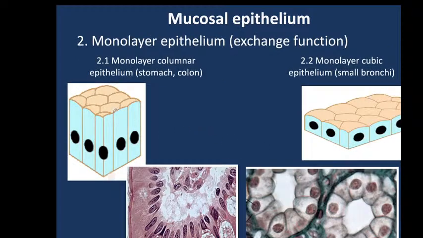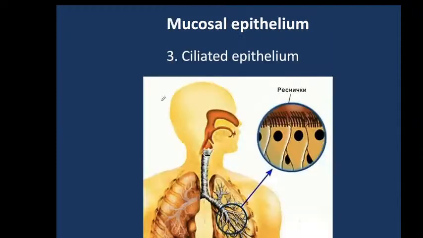It would be a monolayer epithelium, and it would be columnar or cubic epithelium cells. Usually we could find columnar epithelium in stomach and colon, and in the respiratory organs we could find a cubical epithelium.